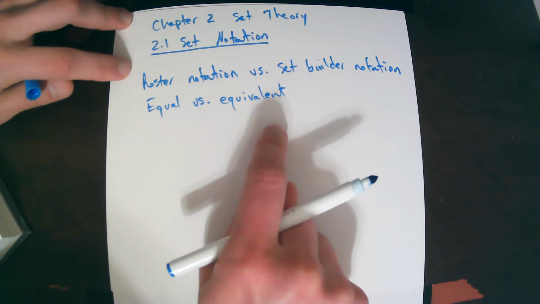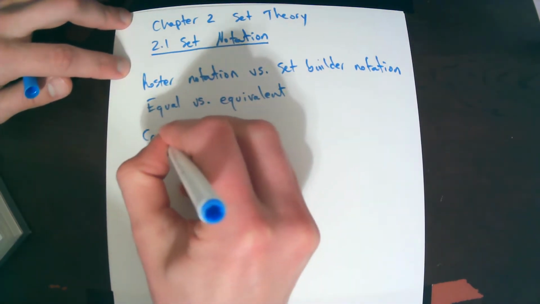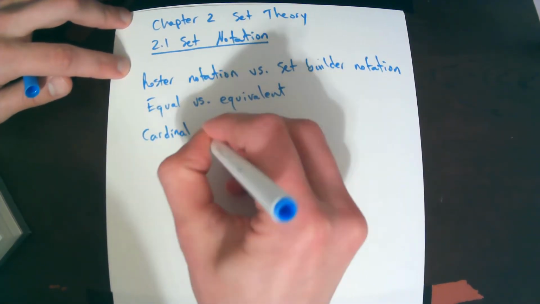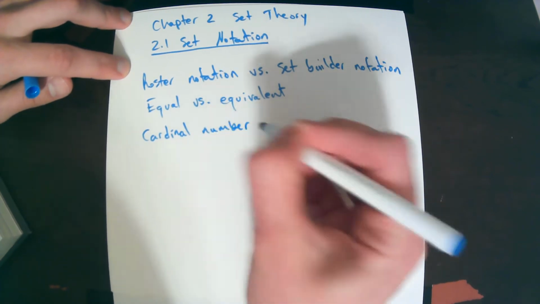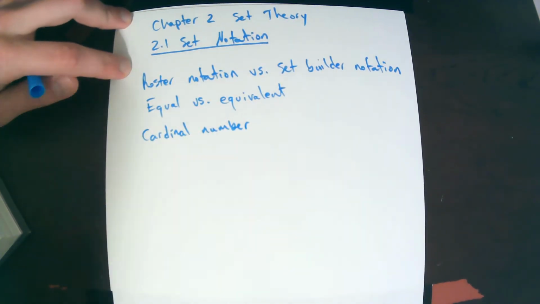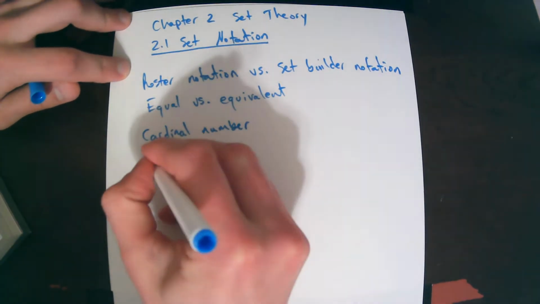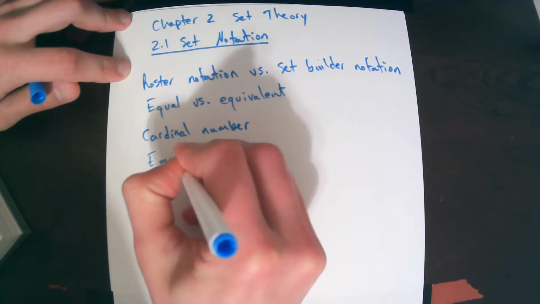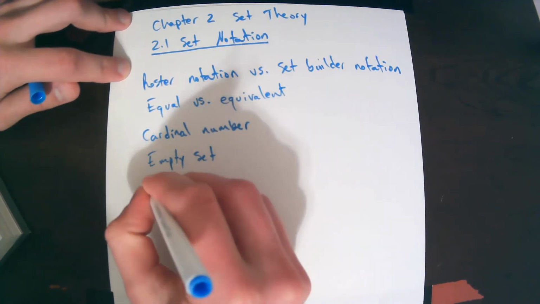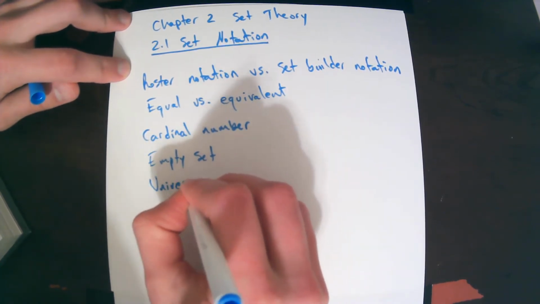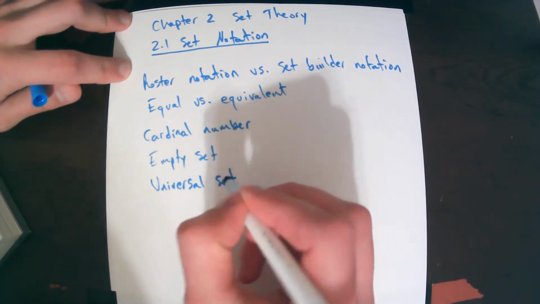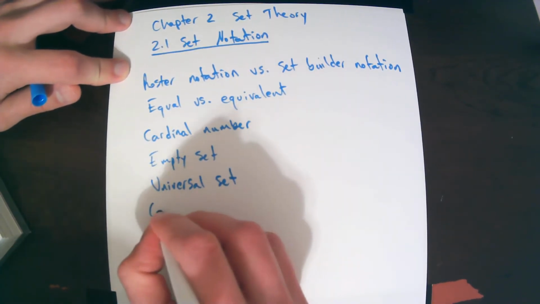We're going to talk about what a cardinal number is for a set. Cardinal number. We're going to talk about some special sets called the empty set and the universal set. And we're going to talk about the complement of a set.